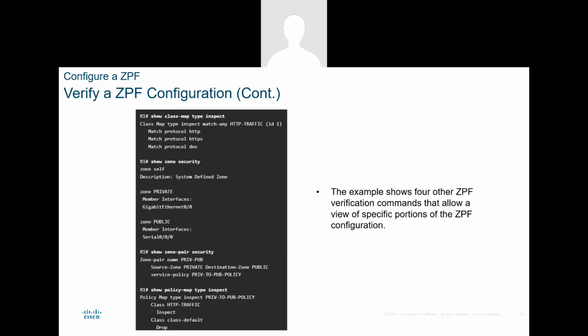You do this because you want to make sure, if the policy is not working as expected, that these commands help you in diagnosing those issues, and also help ensure that the ZPF is properly enforcing the security rules. Now, in this one, you'll see an example of an HTTPS session from a private zone.